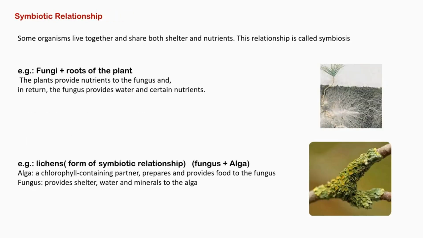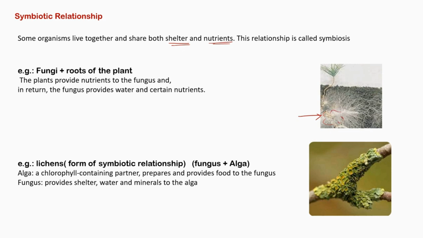Next is symbionts. That means the organisms which follow a symbiotic relationship. They are known as symbionts, in which some organisms live together and share both shelter and nutrients. As you can see here, this fungi is there. These white color patches are fungi and they are in the roots of the plant.